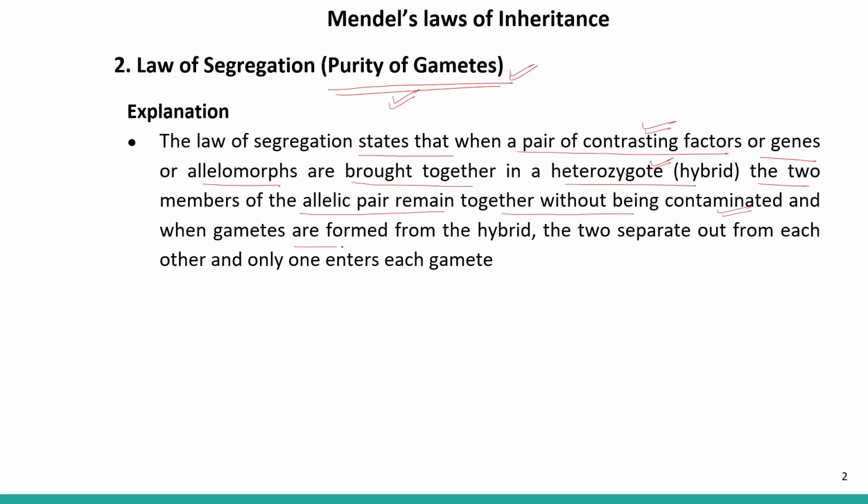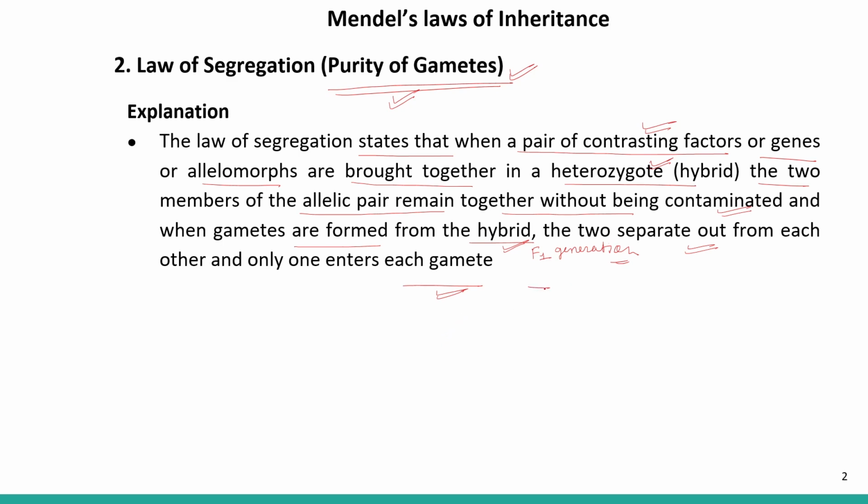When the gametes are formed from the hybrid, meaning the hybrid which is formed in the F1 generation, the two separate out from each other and one enters each gamete. So let us understand this explanation of the law of segregation with an example, right?